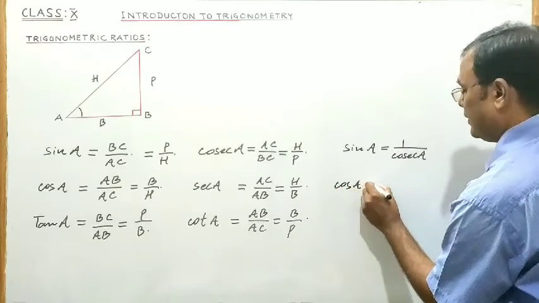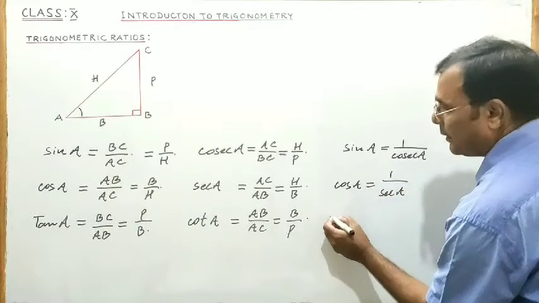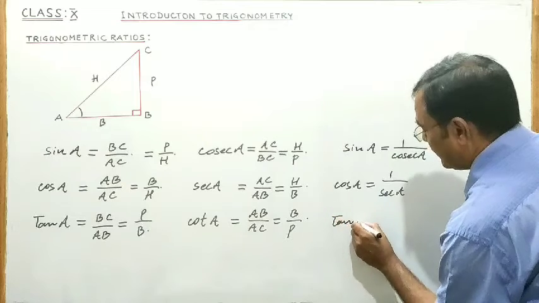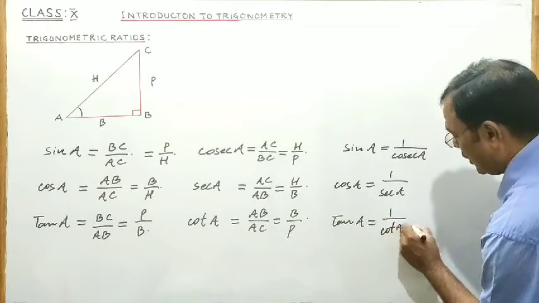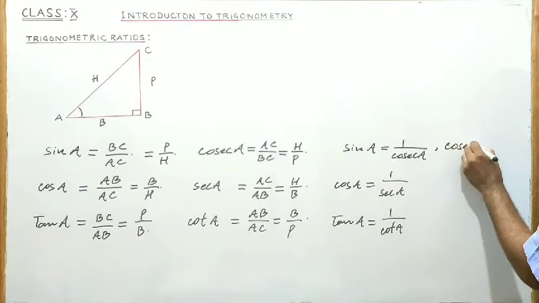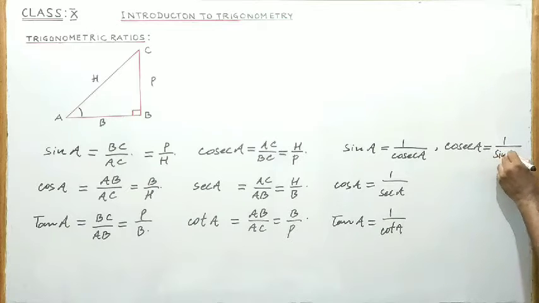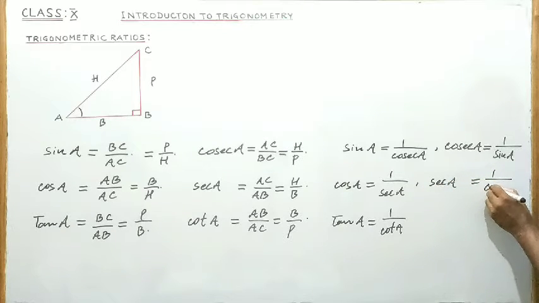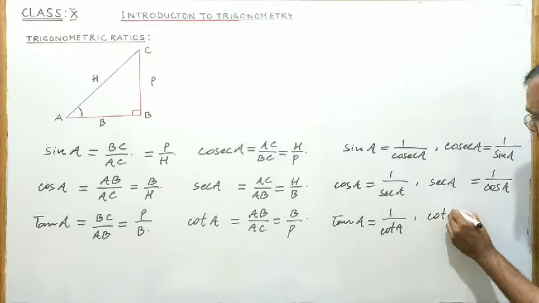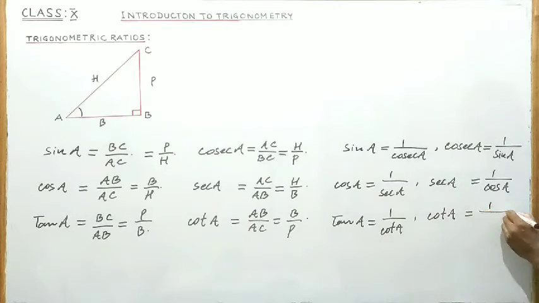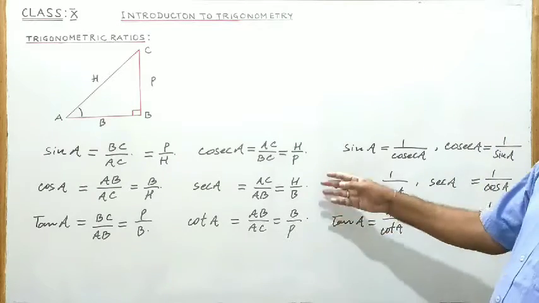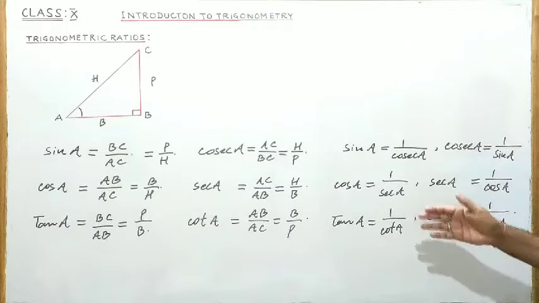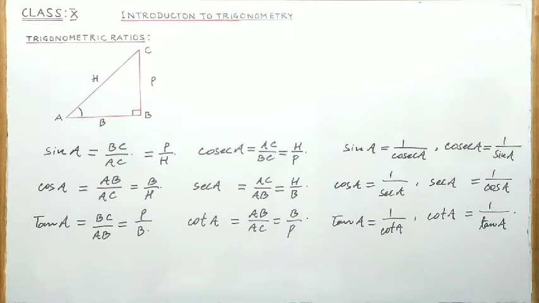Cos A is 1 by sec A. Tan A is the reciprocal of cot A. This you can also write as: cosec A is the reciprocal of sin A, sec A is the reciprocal of cos A, and cot A is the reciprocal of tan A, so 1 by tan A. So this way sin, cos, tan, cosec, sec and cot, 6 ratios, are defined for acute angle A in right triangle ABC right angled at B.